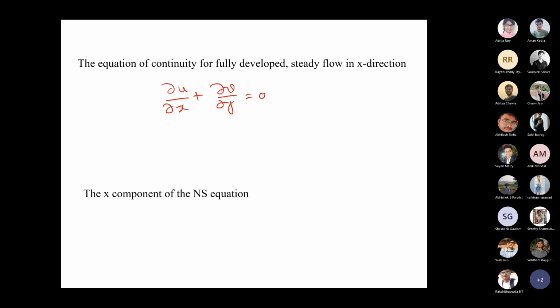Fully developed flow. So if this is fully developed, this term is equal to 0. Then what I have is del v del y is 0. So v is simply going to be a constant for all y.